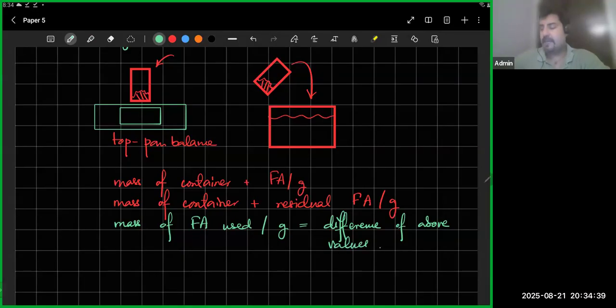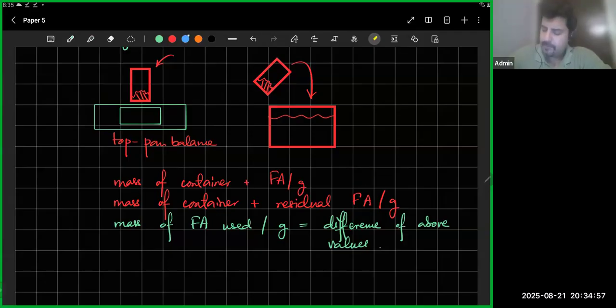And keep this in mind when you're taking the difference: the errors add up. The error is the smallest graduation divided by 2. You have different top pan balances with different accuracies.